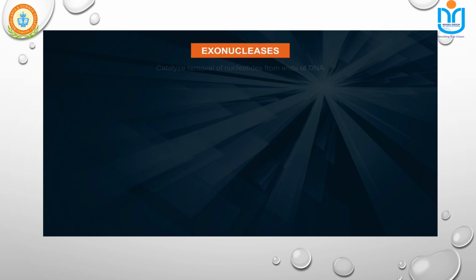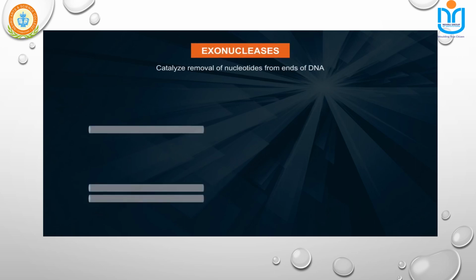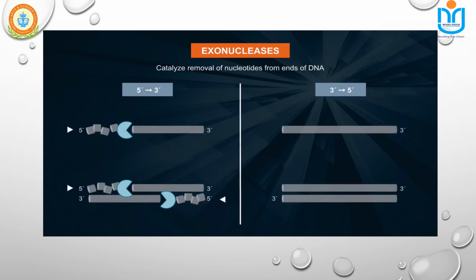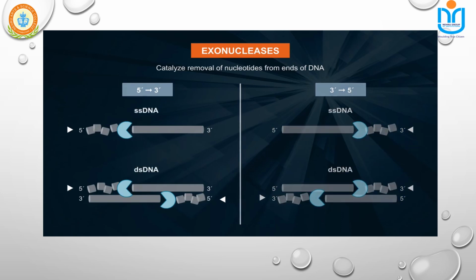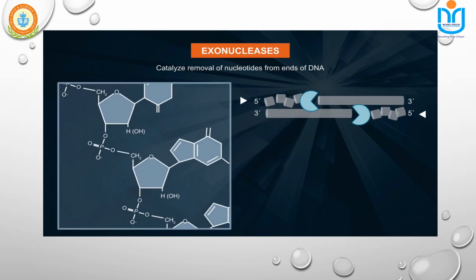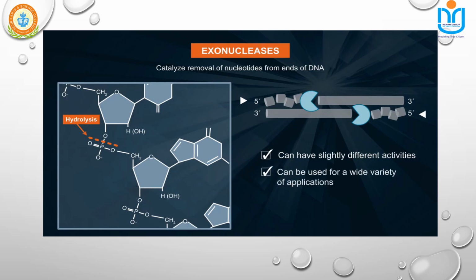Exonucleases are enzymes that catalyze the removal of nucleotides in either the 5' to 3' or the 3' to 5' direction from the ends of single-stranded and/or double-stranded DNA. Removal of nucleotides is achieved by cleavage of phosphodiester bonds via hydrolysis. These important enzymes can have slightly different activities and therefore can be used for a wide variety of applications.